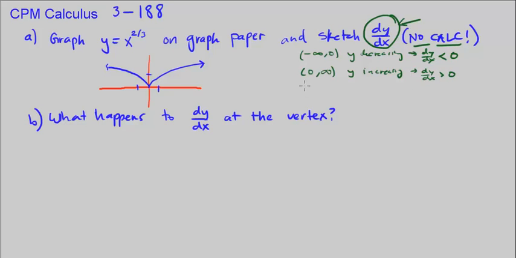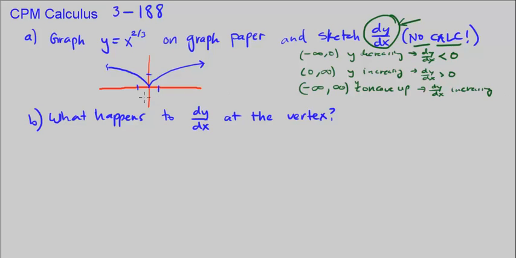Our concavity, from -infinity to positive infinity, it's concave up, right? And what that's telling us is that we are always going to be increasing. So y is concave up, so dy dx is increasing.